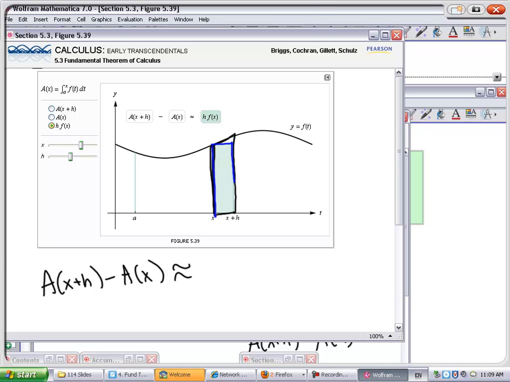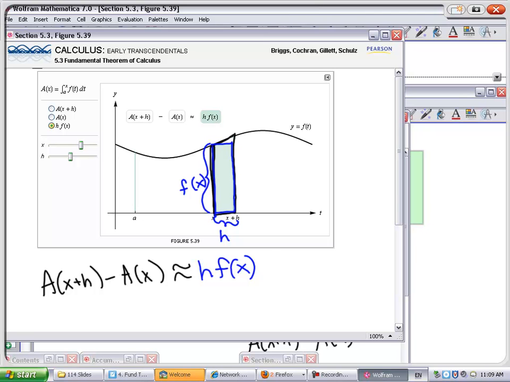And we can find the area of that blue rectangle very easily. It's the height, which is F of X, times the width, which is how far it is from X to X plus H. It's just H. So this is H times F of X.